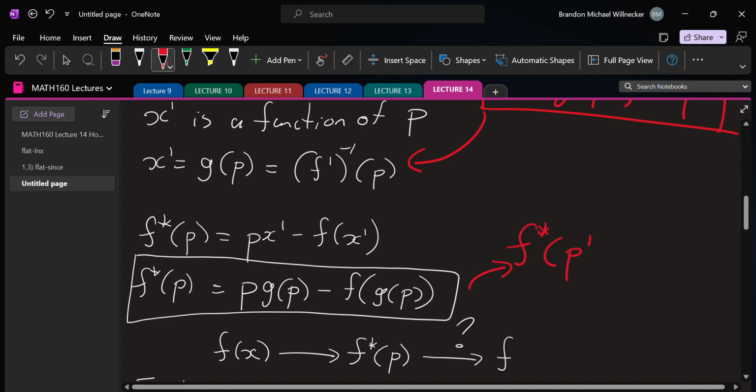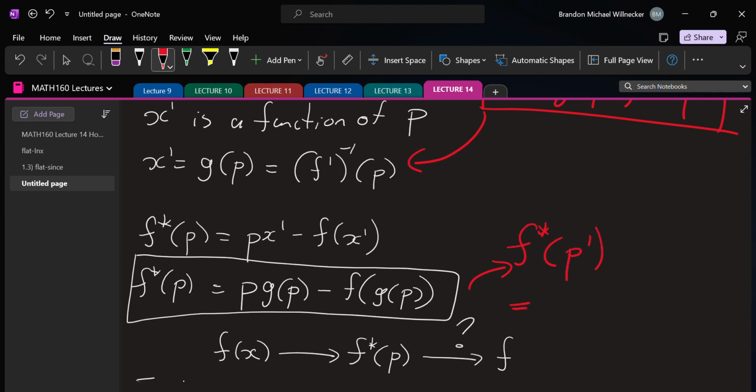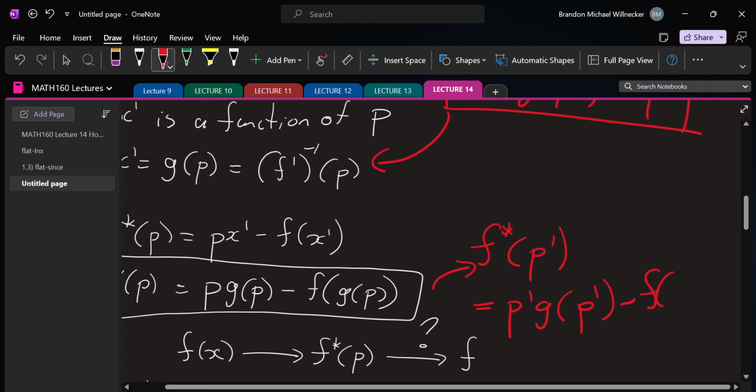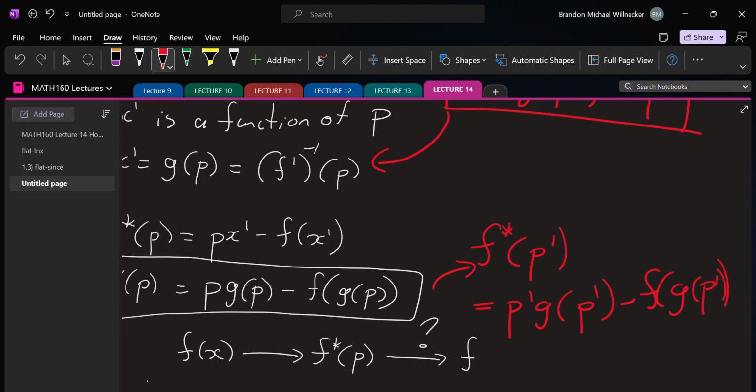So from here, I'm going to write F star of P prime. Okay, like we had F of X and then F of X prime. F star of P, we now have F star of P prime. I'm just changing the variable name. So that's going to be P prime G of P prime minus F of G of P prime. Okay, so I took that equation over there and I just renamed P to P prime.